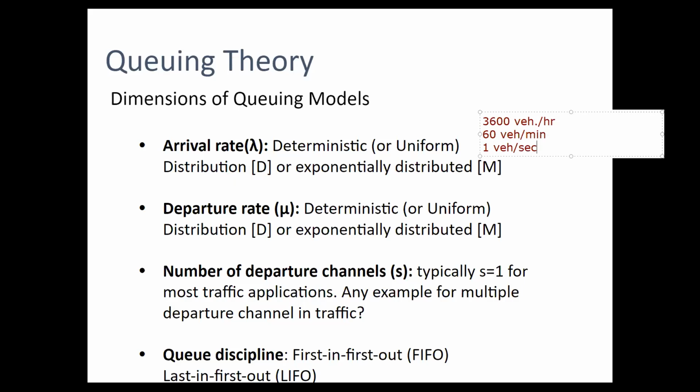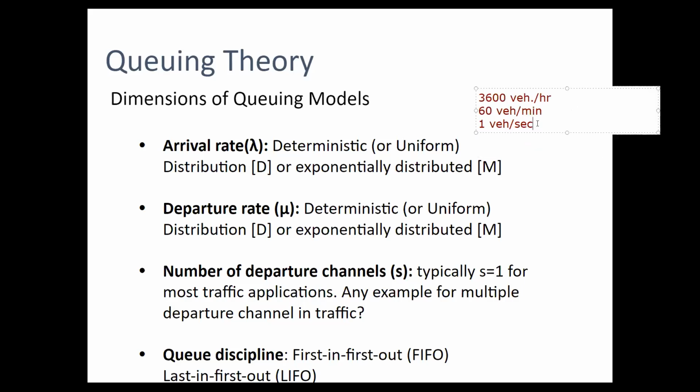So these are the things that you can assume if you assume a deterministic pattern of arrival. That every minute there will be 60 vehicles, and every second there will be 1 vehicle. Obviously, that's not how traffic works in reality, and that's okay, because there are studies that have told us what type of penalties to apply for more stochastic arrivals and so forth.